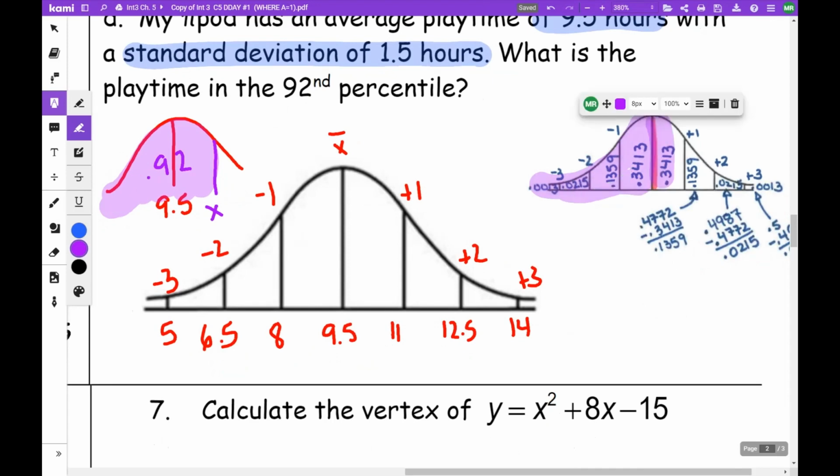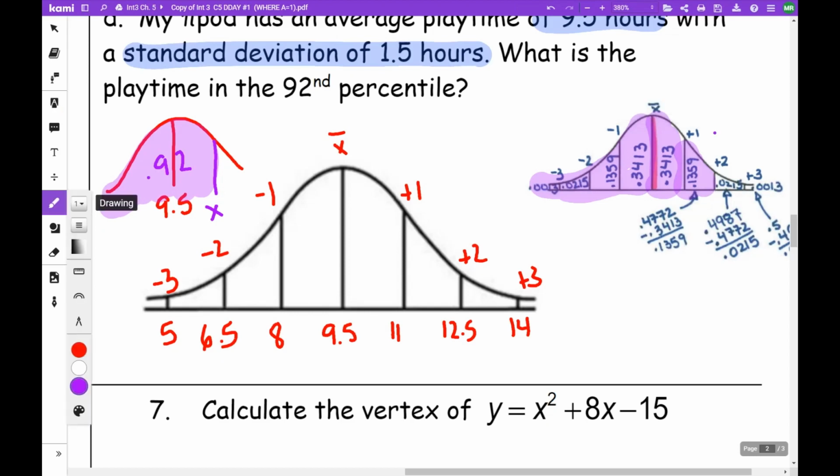If I add on this, I'm at 84.13. If I add on this, 84.13 plus 13.59, I'm at 97% all the way up to here. So I should be somewhere in between 1 and 2.